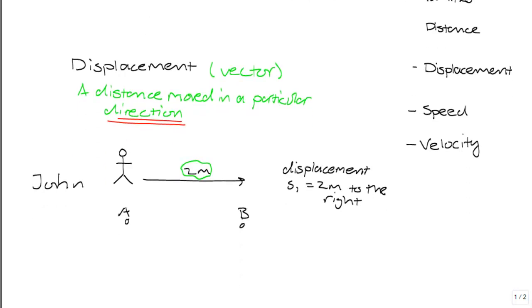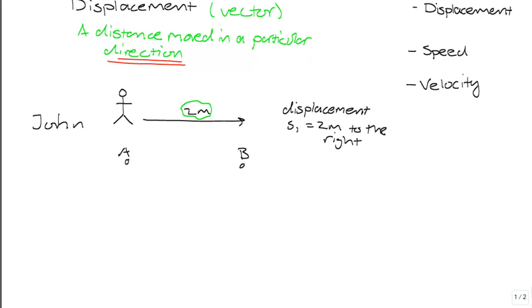Now, just like with the earlier case, suppose he's reached B. Let me erase him, because we need to make this very clear. And he decides to walk back 1.5 meters in the direction that he came from. Now his displacement S is equal to 2 meters minus 1.5 meters, still to the right.